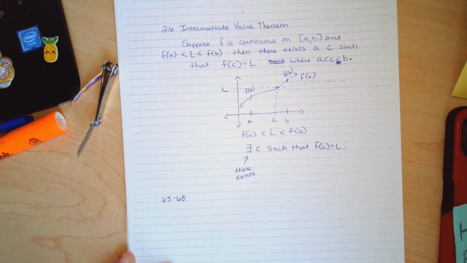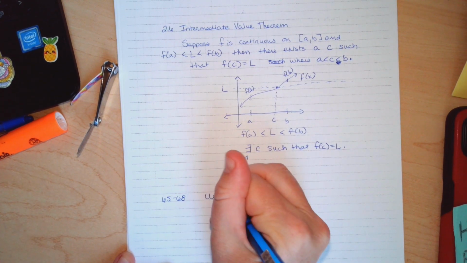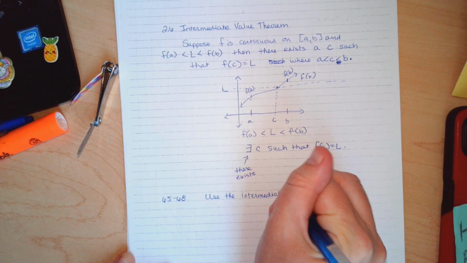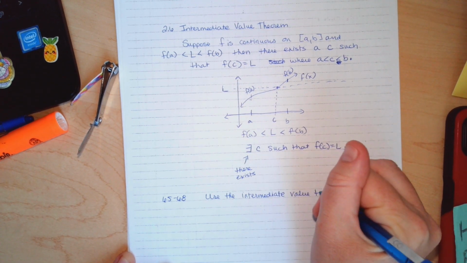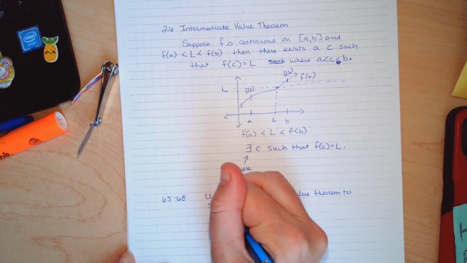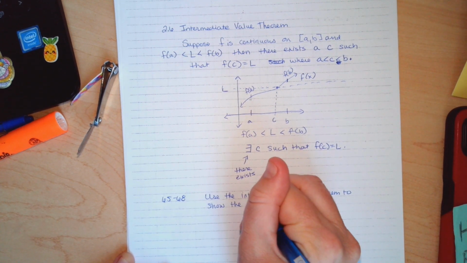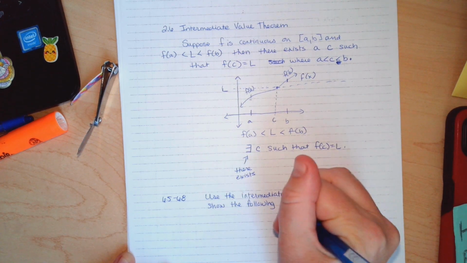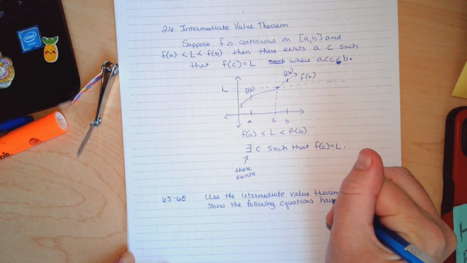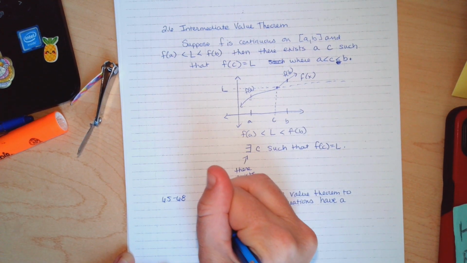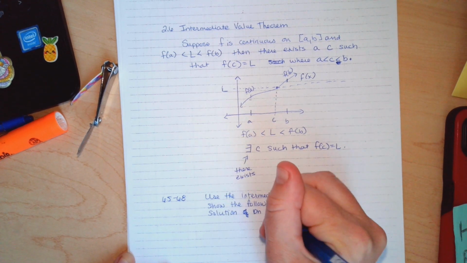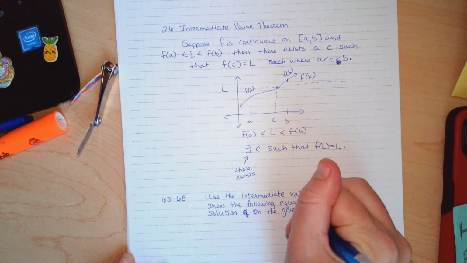It says use the intermediate value theorem to show the following equations have a solution on the given interval.